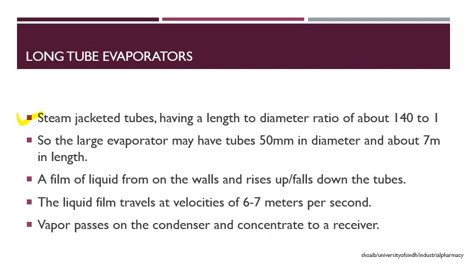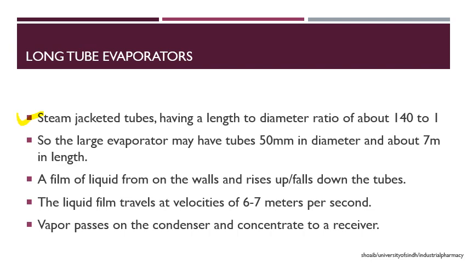The tubes are surrounded by steam jacketed tubes. The substance to be evaporated is present in the space, and on both sides of that substance there will be steam jacketed tubes. The length to diameter ratio of those tubes is about 140 to 1.